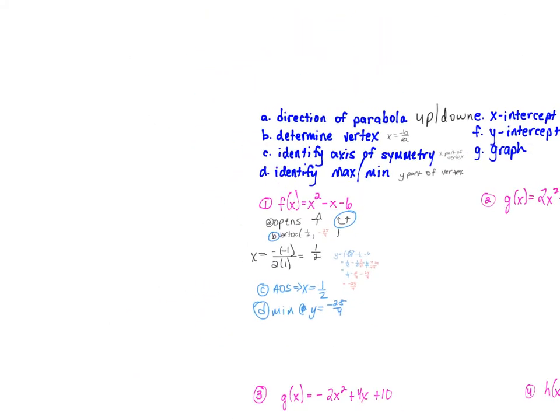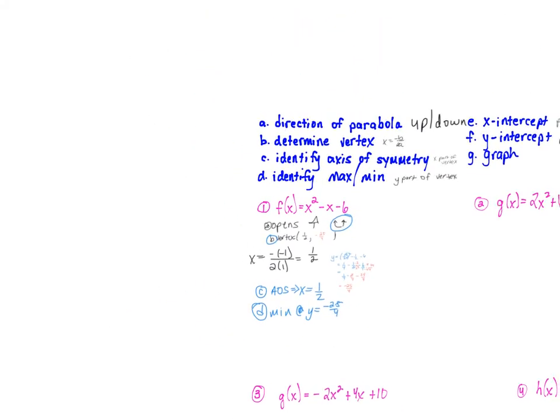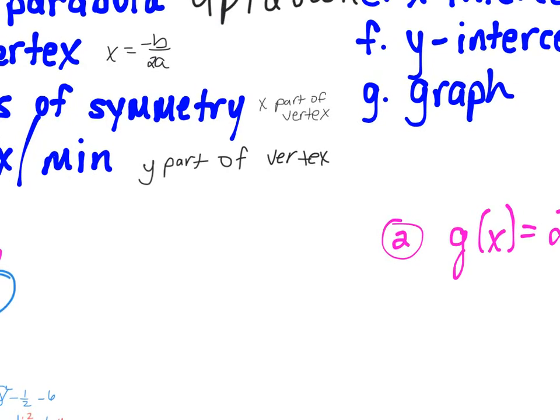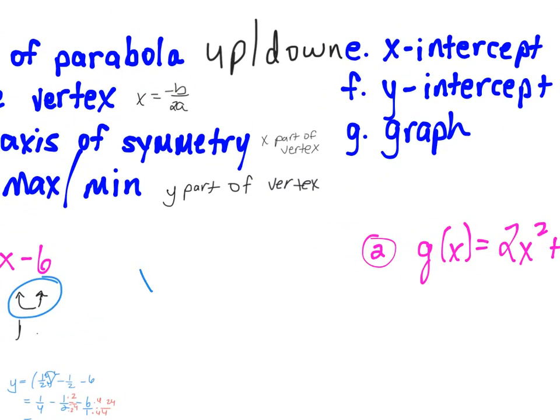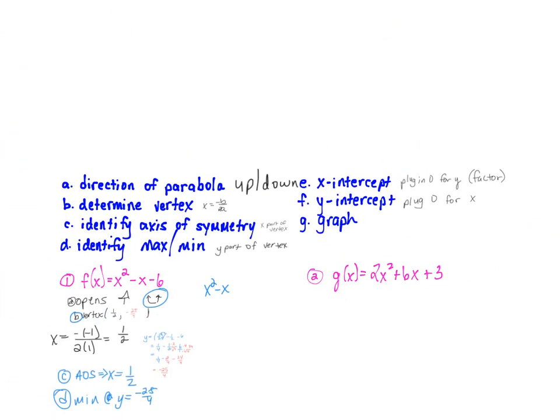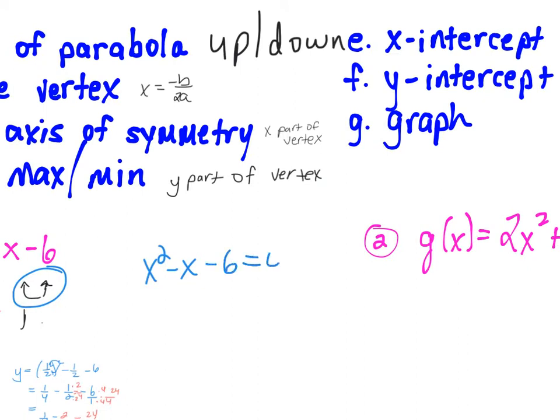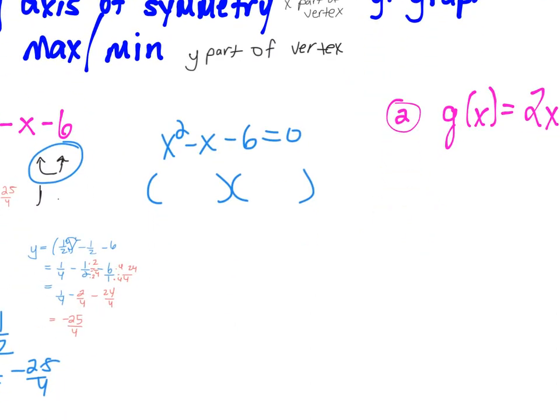Now to find intercepts, where it crosses the x and y axis. If I find the x-intercept, I say x squared minus x minus 6 equals 0. Factor that, guys. What are two numbers that multiply to give me -6 but add to give me -1? x minus 3 and x plus 2. So where are my x-intercepts?